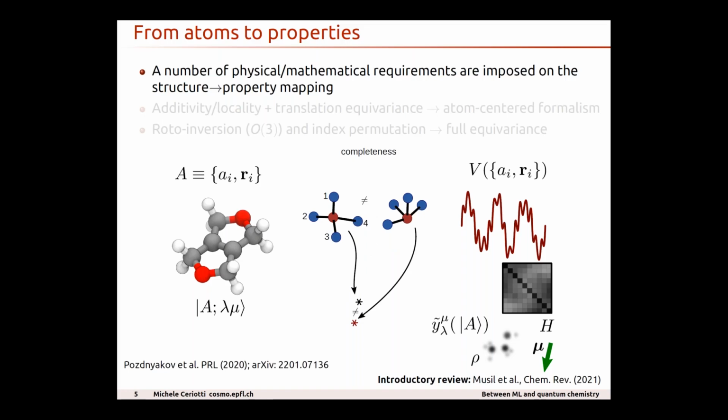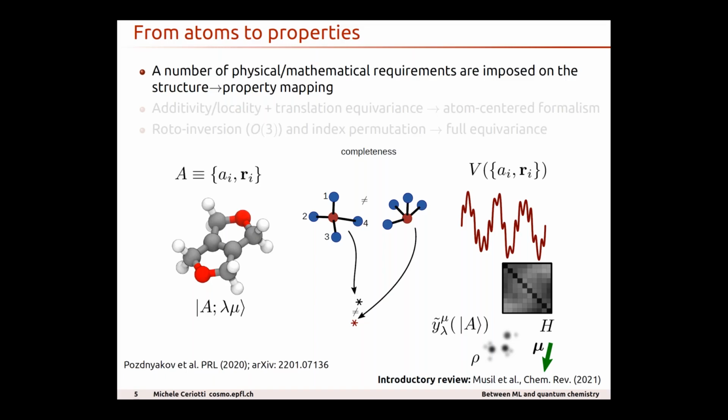Another requirement, which is pretty obvious, but actually is not at all easy to implement in practice. And actually, if you like mathematical puzzles, these are two references by an excellent PhD student of mine, Ceriotti, that show you how this is far from a trivial thing to ask. This requirement would be to have the mapping to be complete. Essentially, we want that if we have two structures that are distinct, it should be possible to predict the different values of their properties.